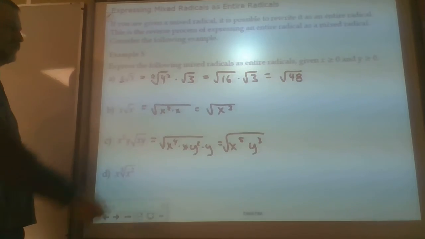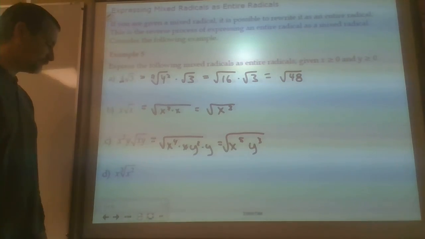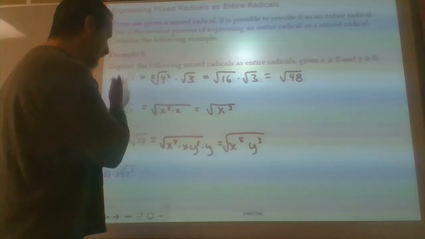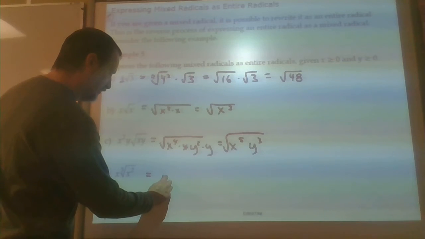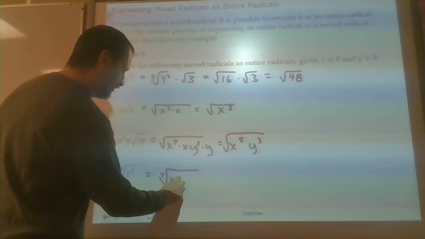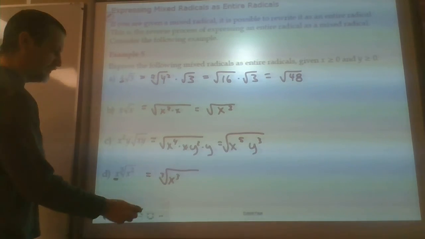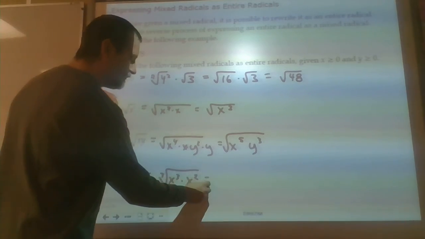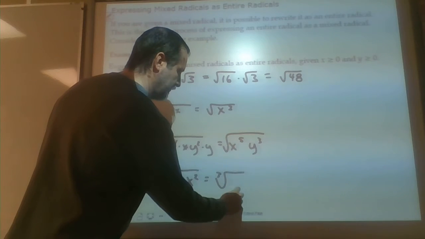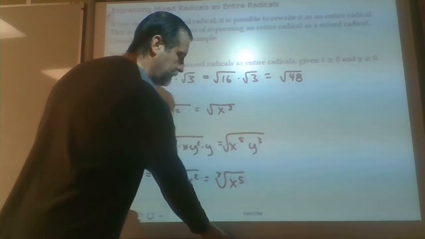Again, just using that pattern. I want a cube root. Again, this is going to become, I have an x, so I want a cube root of x cubed to put that x back in there, and there is an x squared already in there, and that's just going to become the cube root of x to the power of 5.